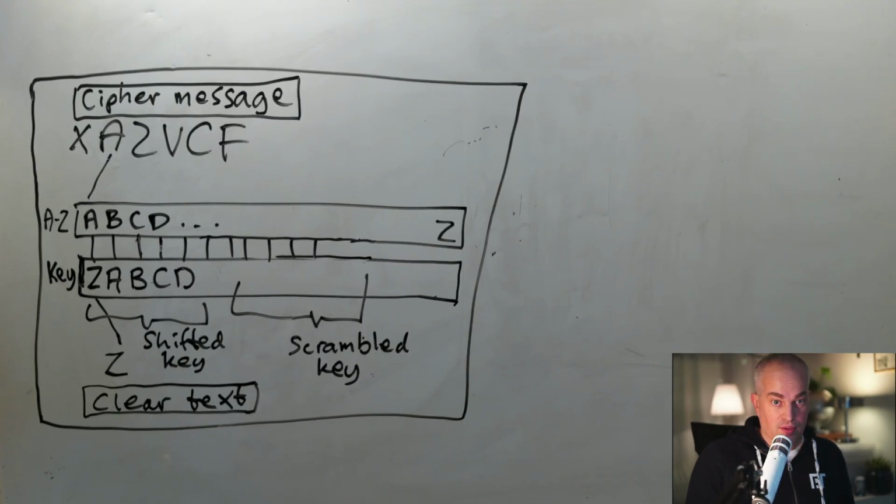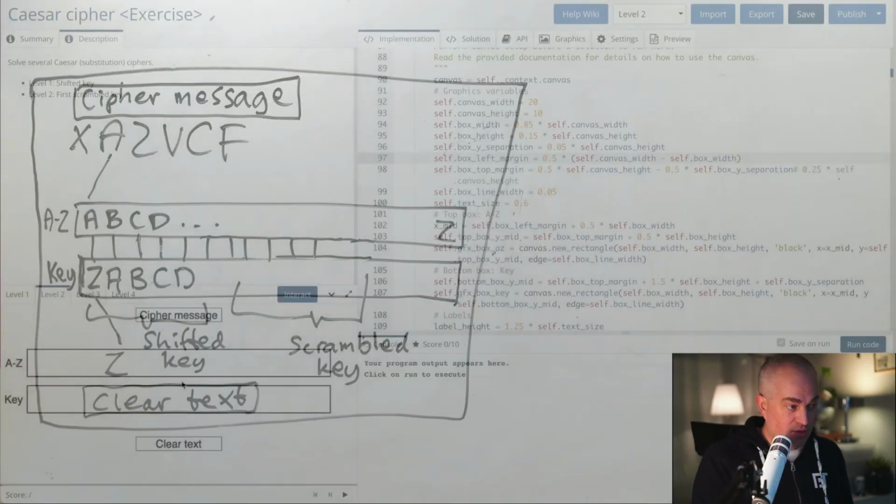So now I need to put that above. What am I doing? Box separation, okay. Minus half the, so I'm starting here. Okay, I'm not showing the right thing.